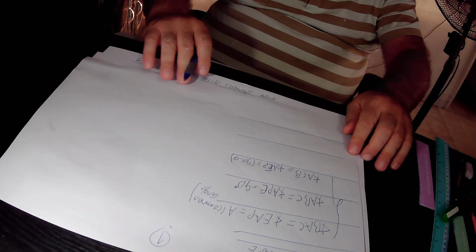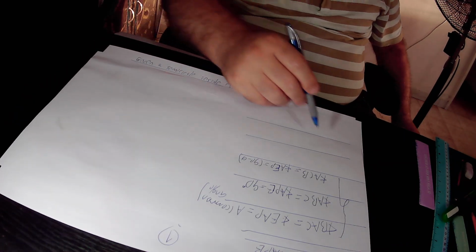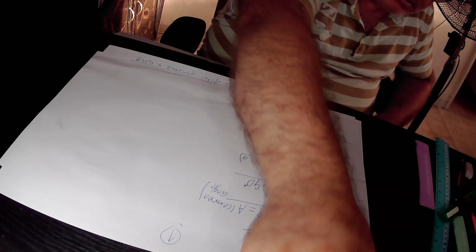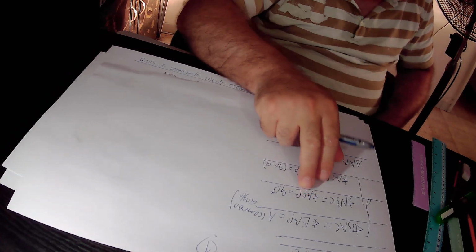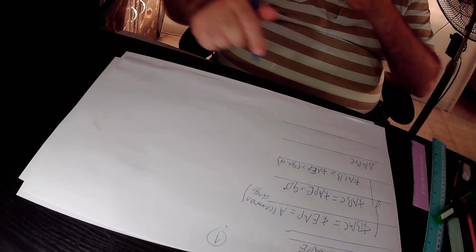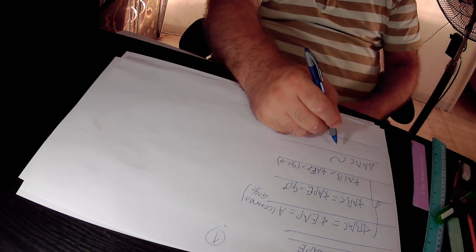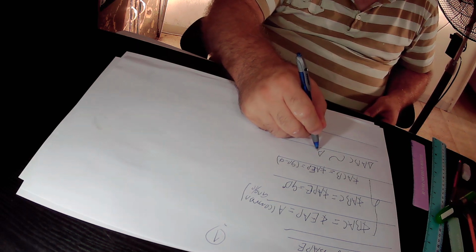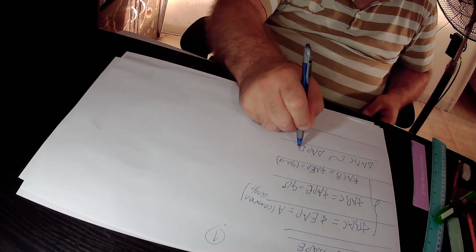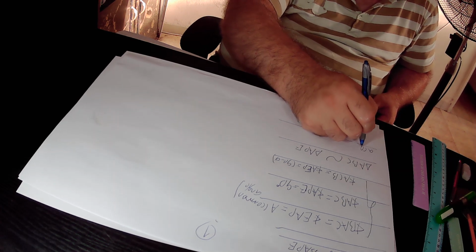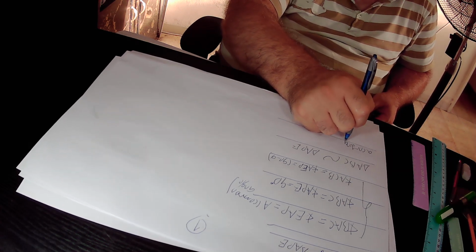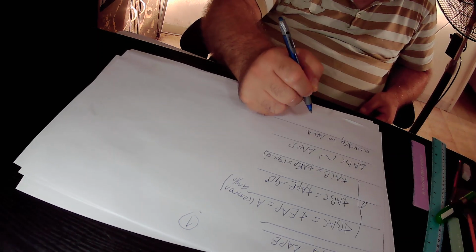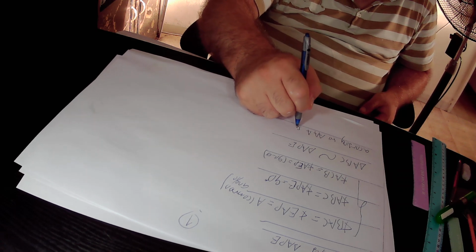We should find out that the big right triangle ABC is similar to the small right triangle APE according to the angle similarity rule.